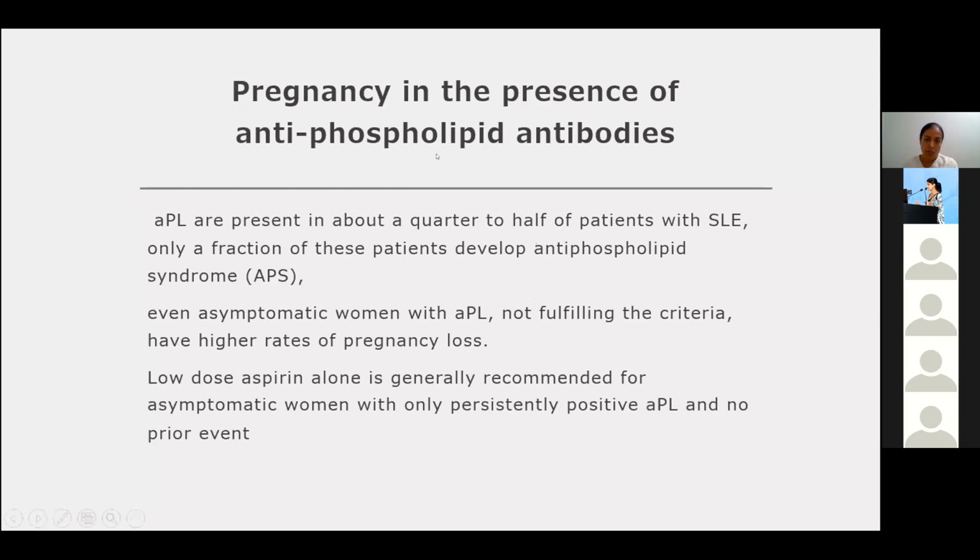So now, if we consider pregnancy in the presence of antiphospholipid antibodies, antiphospholipid antibodies are present in about a quarter to half of patients with SLE. However, only a fraction of these patients develop antiphospholipid syndrome.